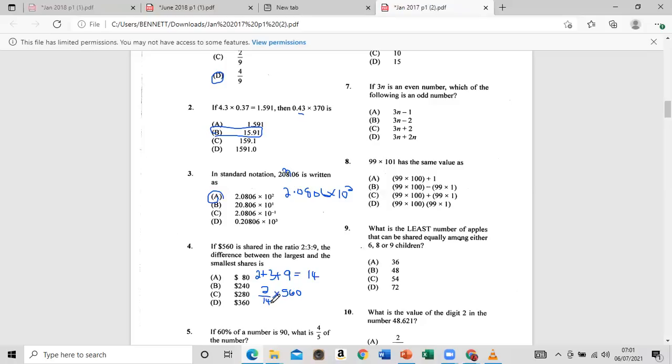Alright, so 14 into 56 goes 4 times, and so this smallest share would be 80. So what this means is that 2 shares is equal to 80. So it means that 1 share is 40.